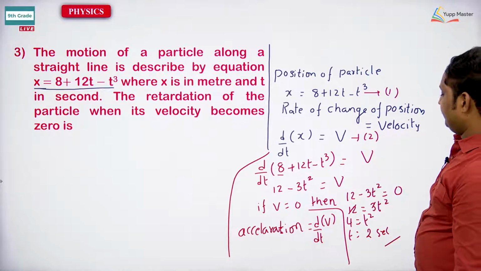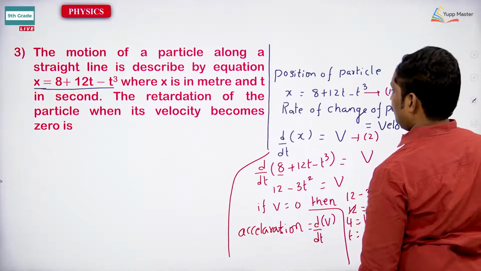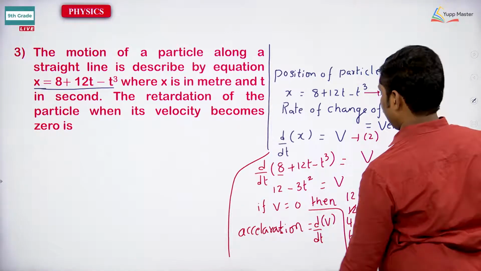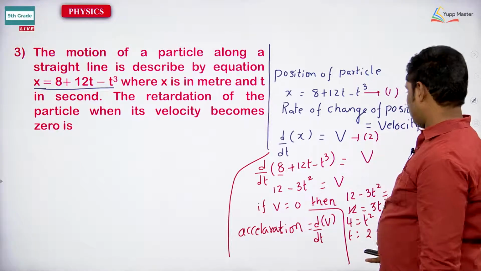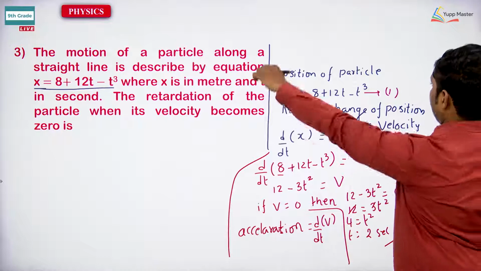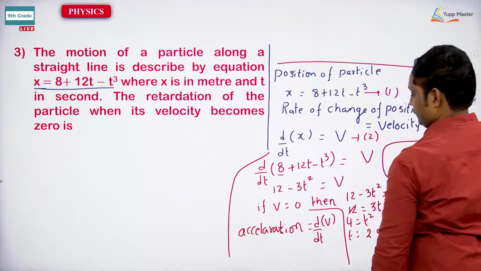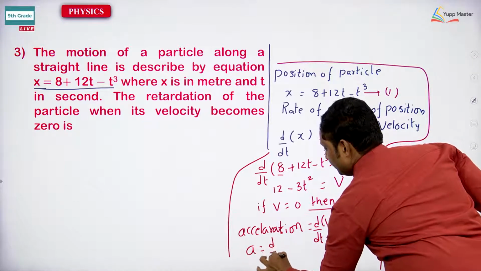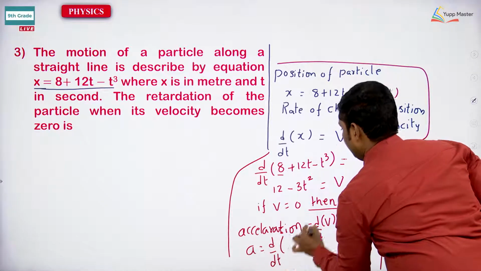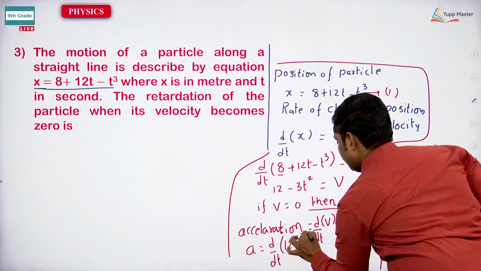Very clear. So, you will use this formula, therefore, a is equal to d by dt of v, that is 12 minus 3t square.